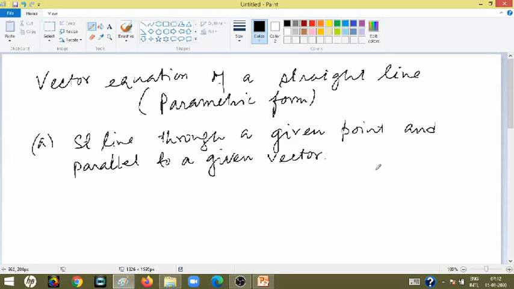If we draw, this is a vector alpha, this is the resultant, and this is a vector beta.